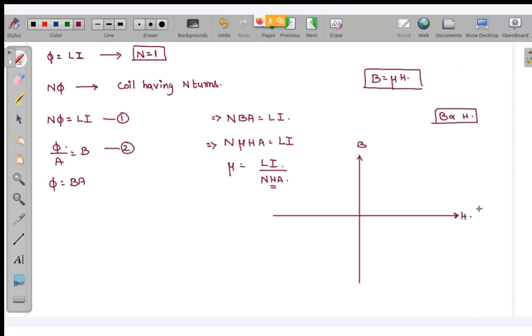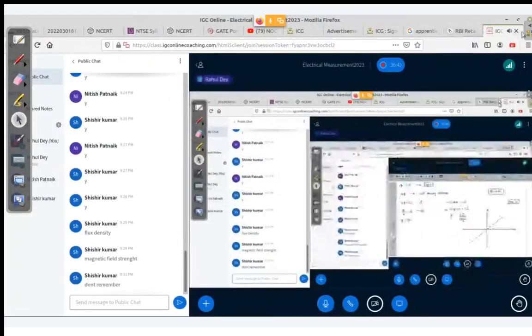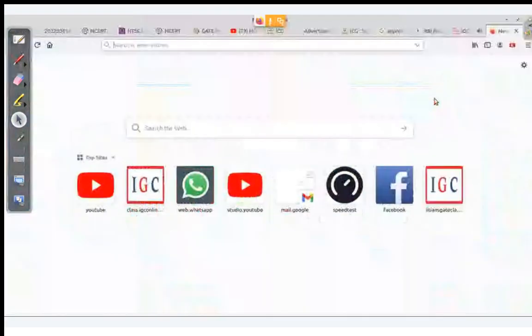From the BH curve, you forgot? Tell me. From the BH curve, we can calculate the field strength. So we have forgotten everything actually.